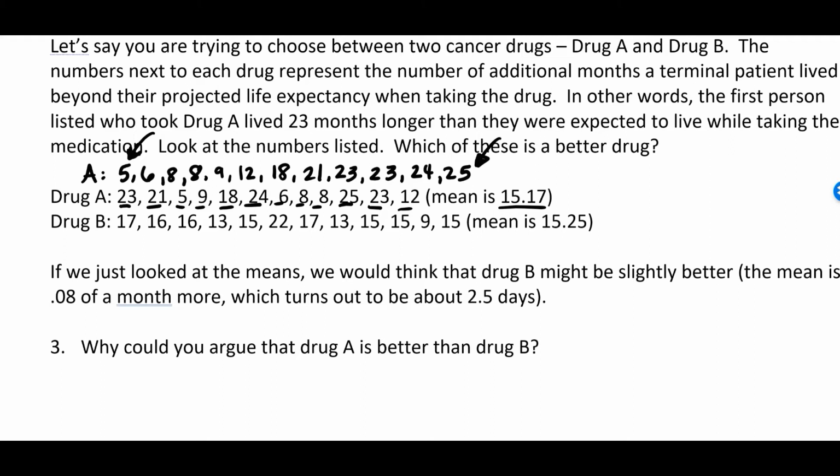Now drug B, I'm going to do the same and put them in order. So we've got 9, 13. How many of these 15s? 1, 2, 3, 4. Okay, 15, 15, 15, 15.